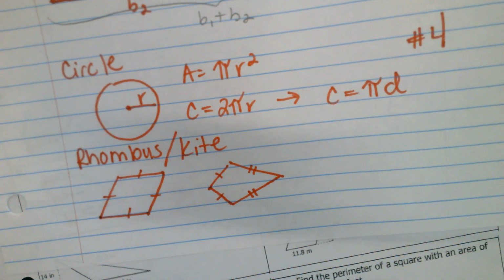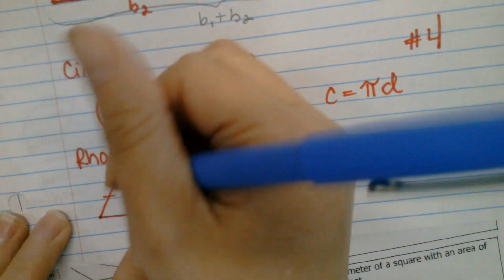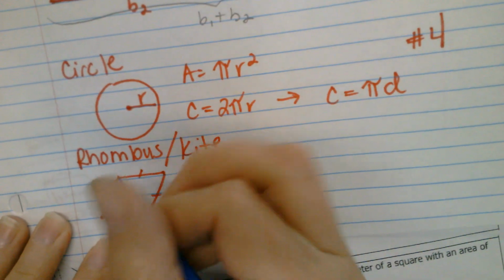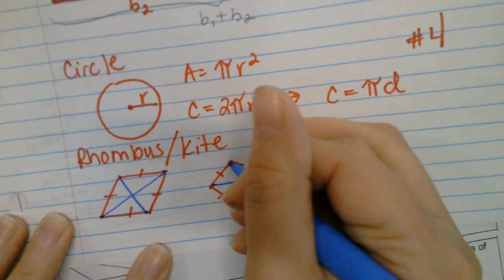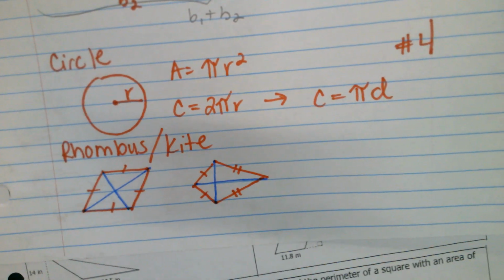And I told you it has something to do with their diagonals, okay? So I'm going to draw in their diagonals because that's what we're going to use. We don't use the sides, we use the diagonals to find the area. Can you tell by looking at the diagonals what's true about them?